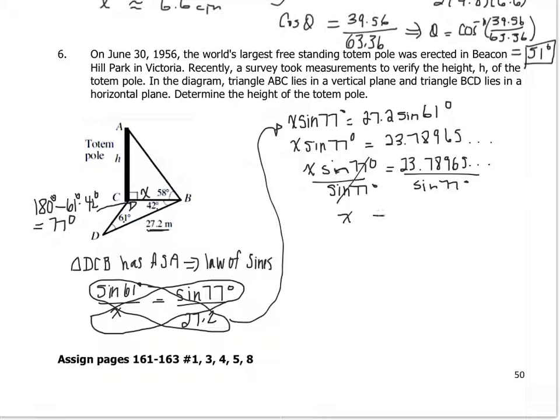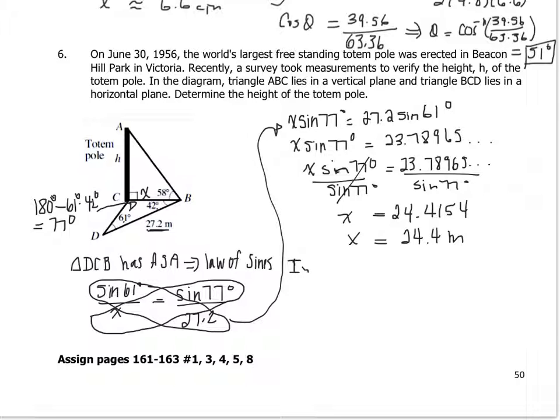And that gives us x equals 24.4154, which is, if I round it off, say to one decimal place, 24.4 meters.